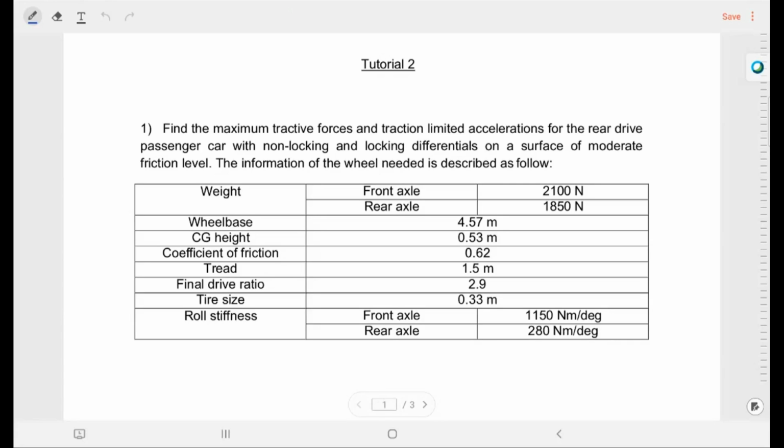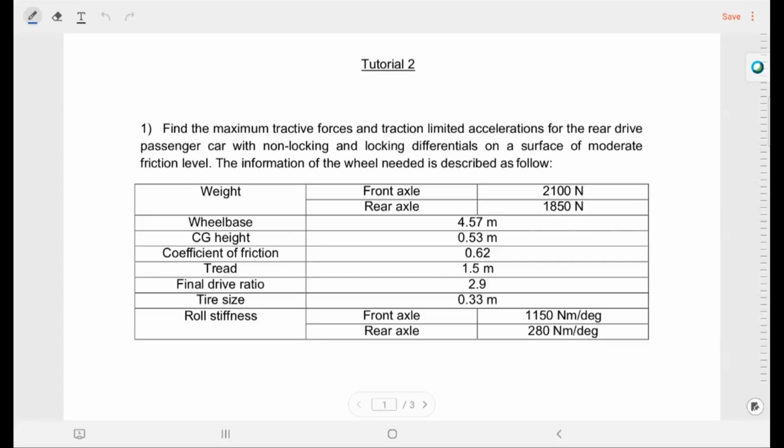And then the table is list of the information needed, such as the vehicle weight at front axle and rear axle, wheelbase, CG height, coefficient of friction, tread, final drive ratio, tire size, and roll stiffness for front and rear axle.